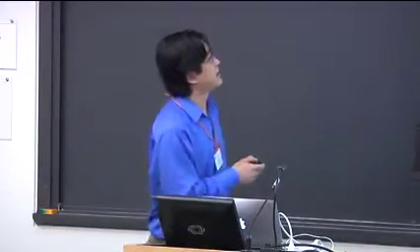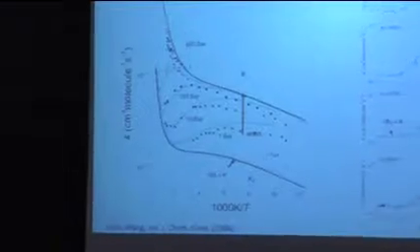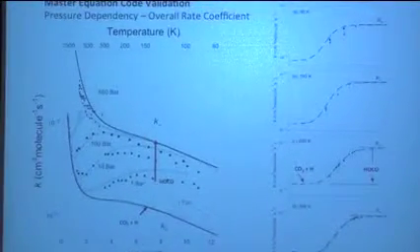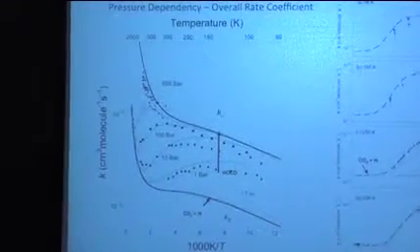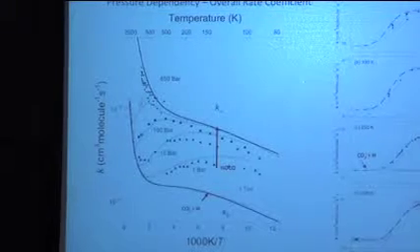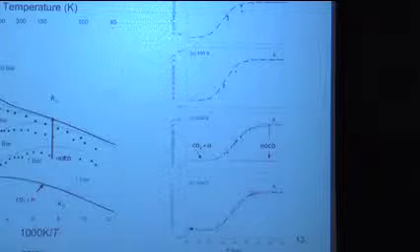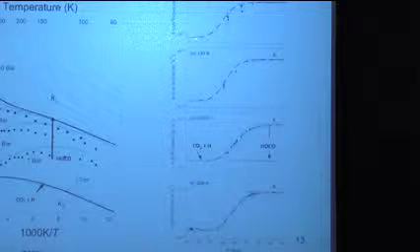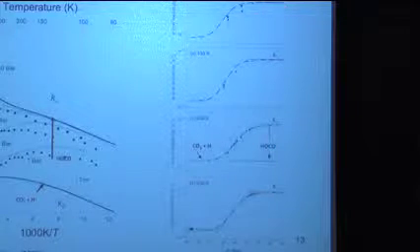The second is that the HOCO radical dissociates into CO2 plus H before it thermalizes. If you measure the total rate constant of CO plus OH as a function of pressure, at a very low pressure it's a constant, at a very high pressure it's also constant, and in between you have a transition from low to high pressure.